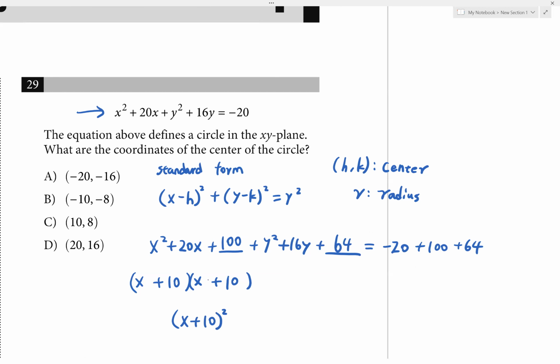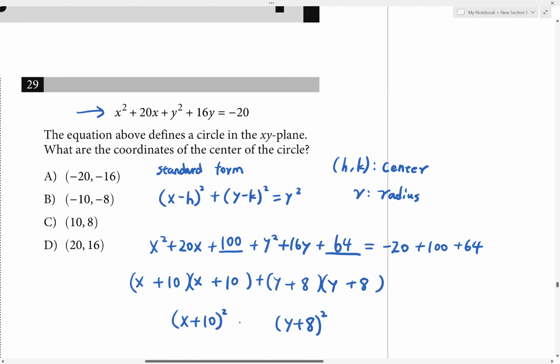And for the y's, we can also factor. This will be y and y and two numbers that multiply to be 64 and add to be 16, so plus 8 and plus 8. We can rewrite this as (y + 8)^2.